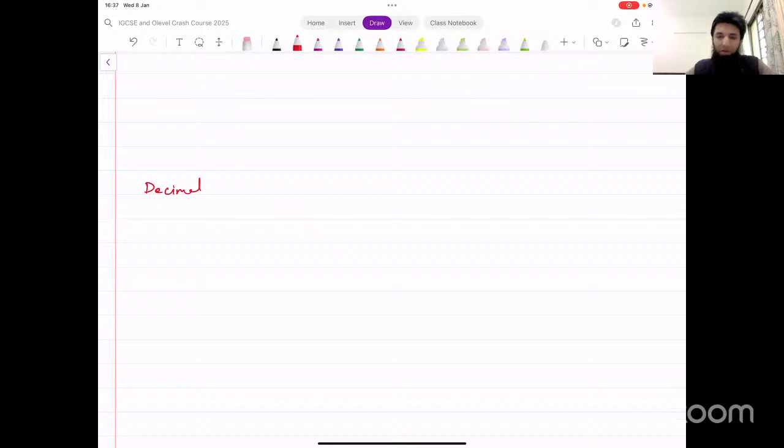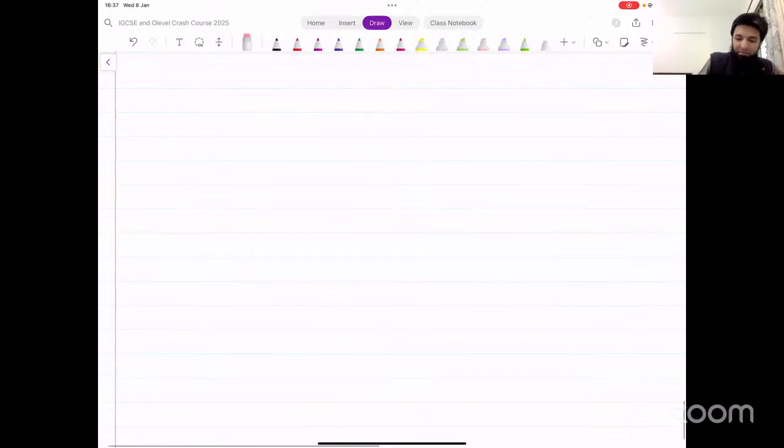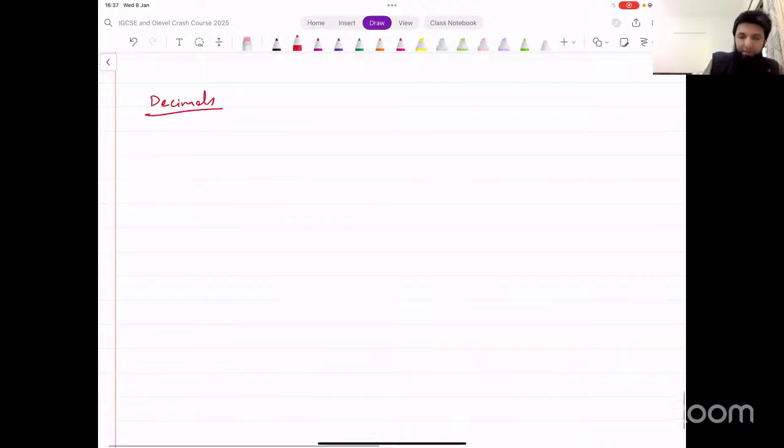Doing that whole multiplication process, carrying things, and then putting the decimal. But let's discuss some slightly more efficient ways of doing the addition and subtraction thing rather than doing that whole process of multiplication and long division. Okay. Now let's think about this. Decimals.